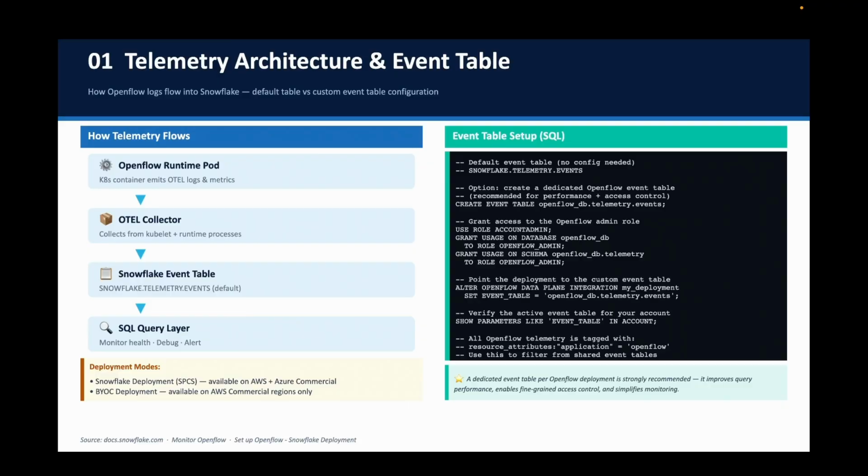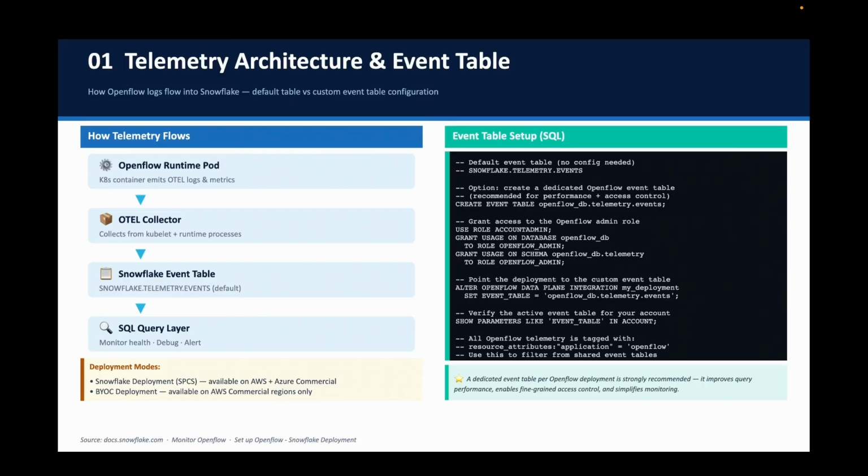Let us see the flow of how telemetry works. Initially, the Openflow runtime pod emits OpenTelemetry logs and metrics. Then the OpenTelemetry collector collects from kubelet plus runtime processes.